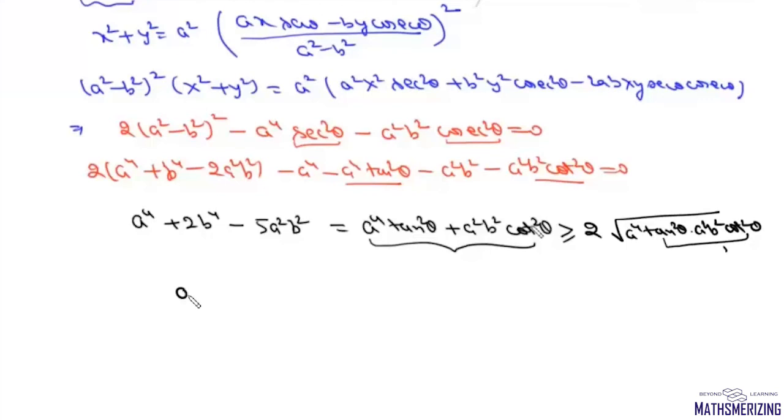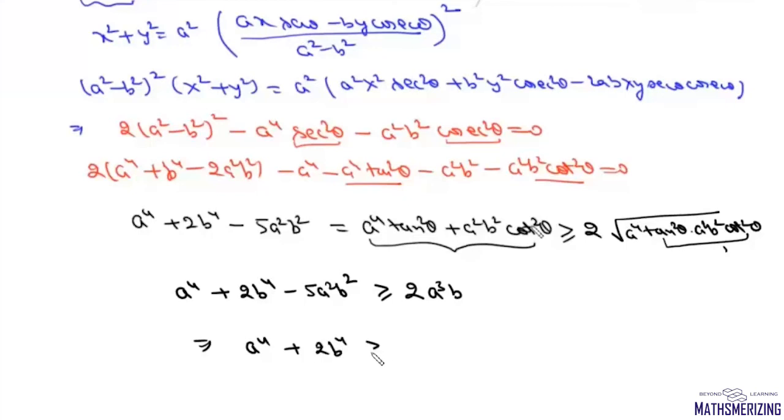So we can write a to the power 4 plus 2b to the power 4 minus 5 a square b square should be greater than or equal to 2, and here we'll get a cube b. So we can write a to the power 4 plus 2b to the power 4 is greater than or equal to 5 a square b square plus 2 a cube b.